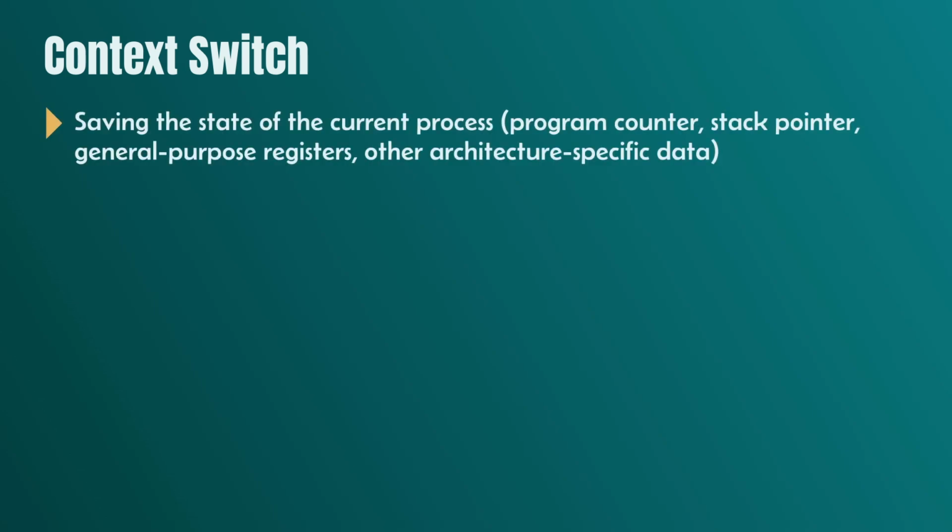First, it saves the state of the current process, including the program counter, a stack pointer, general purpose registers, and other architecture-specific data. Then the operating system updates its internal data structures for the process, such as changing its state from running to blocked.